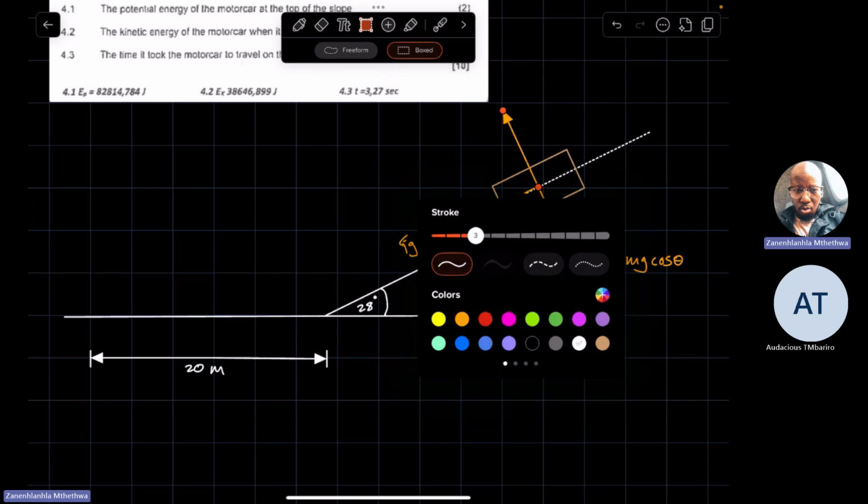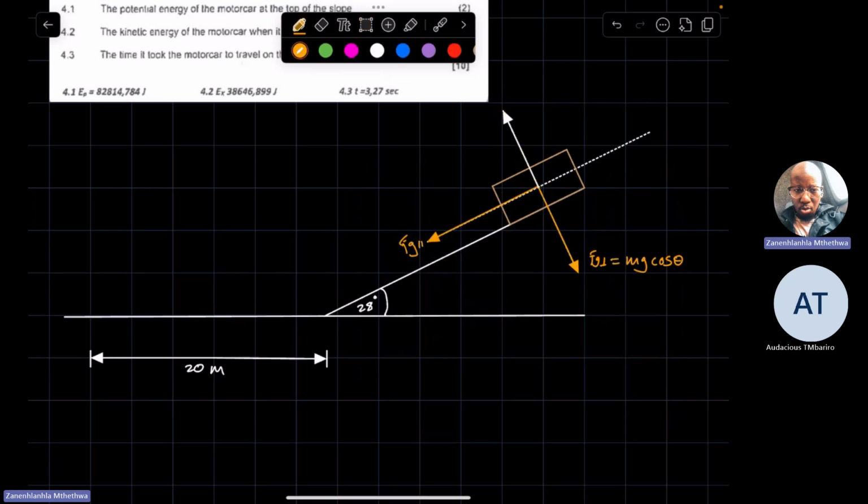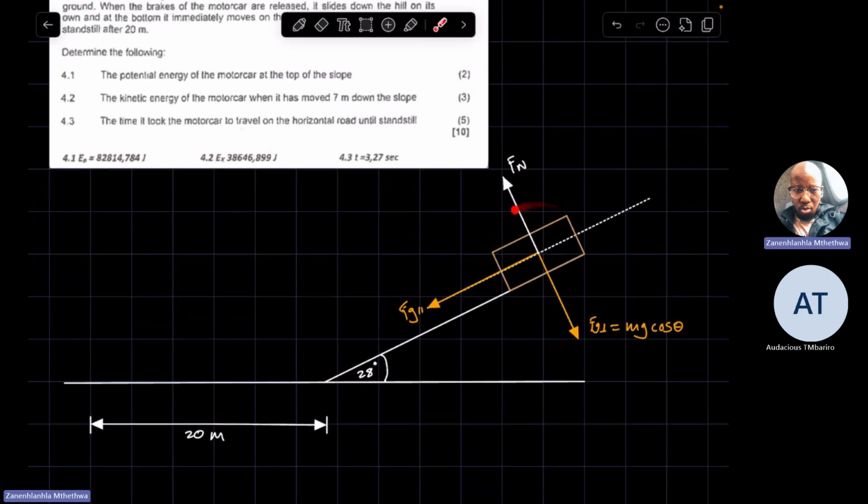Let's make this one white. So Fn for normal force. Now, when the object is still at rest, these are the forces that are acting on this object, before it even starts moving.